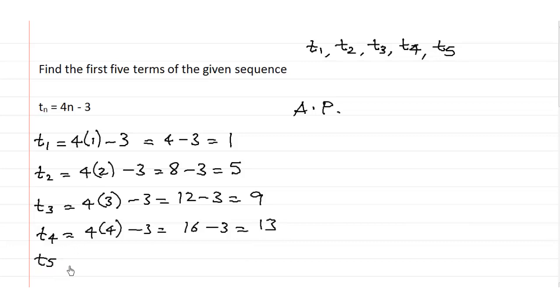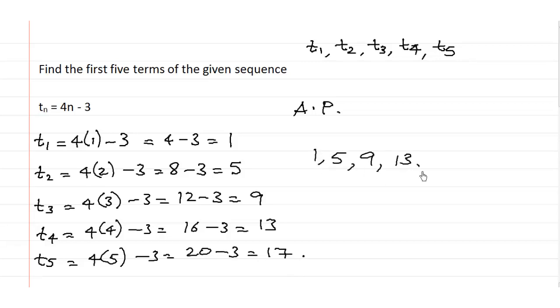And T5 is equal to 4 into 5 minus 3, which is 20 minus 3, which is 17. So the first 5 numbers are 1, 5, 9, 13 and 17. They are not only a sequence but also an AP.